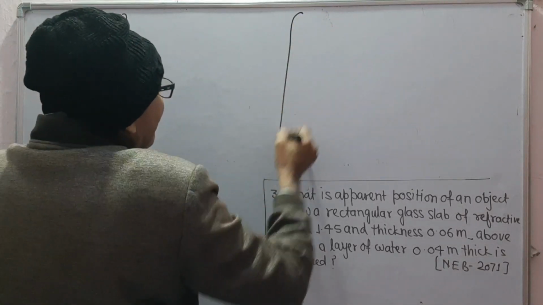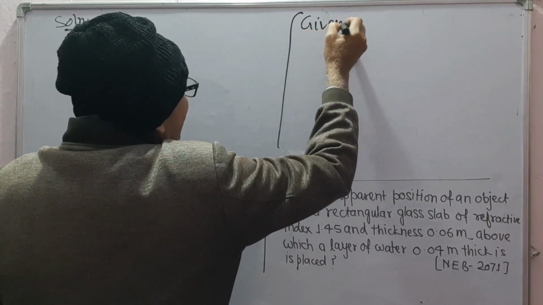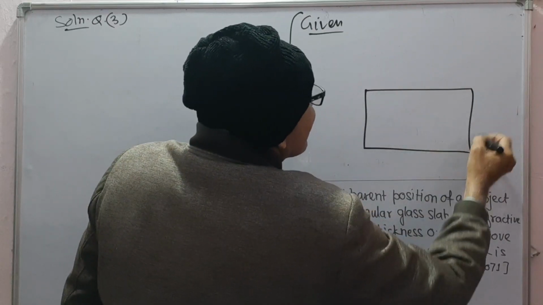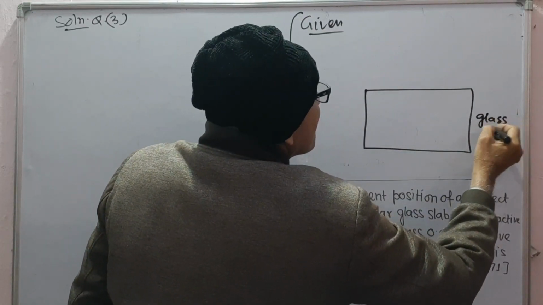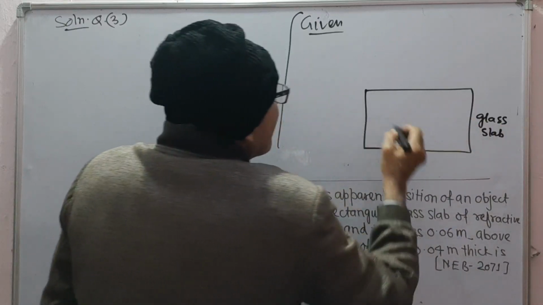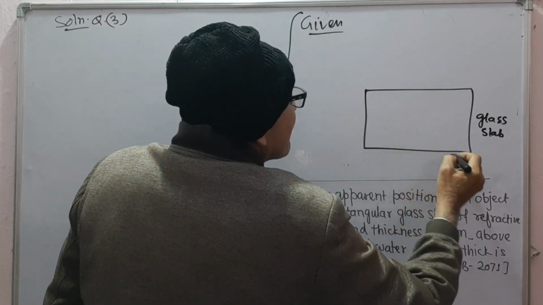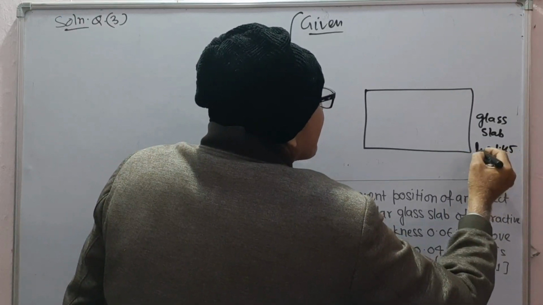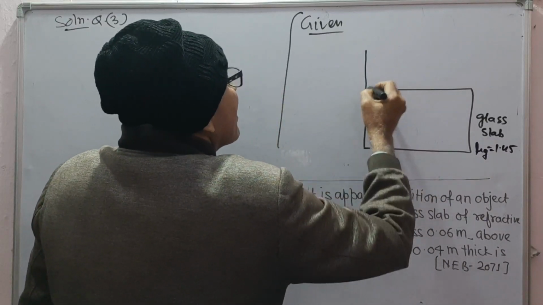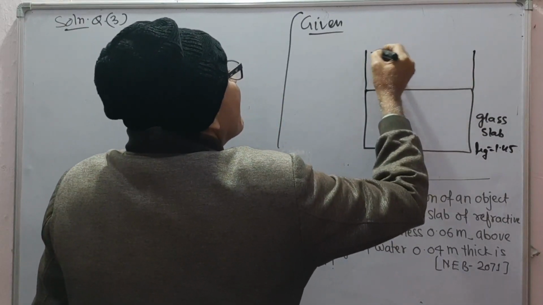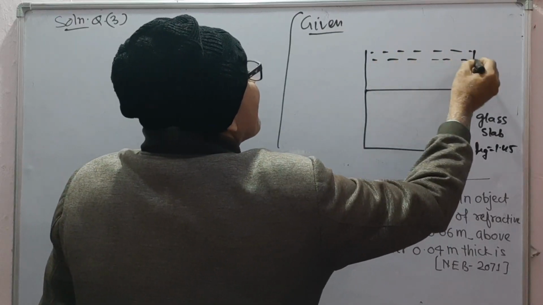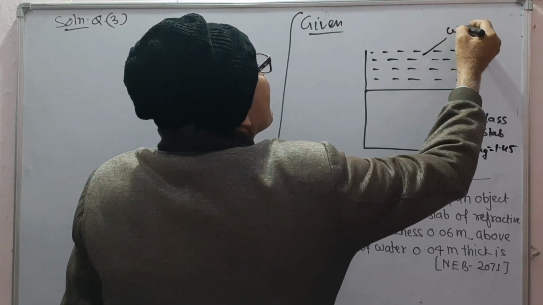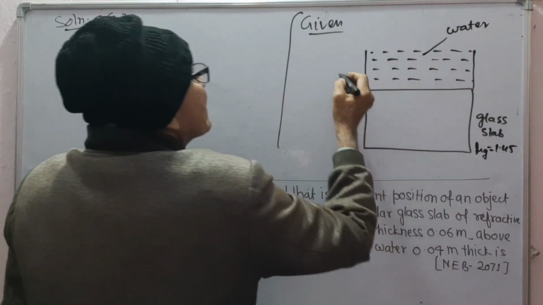Here, given this is a glass slab of refractive index mu glass equal to 1.45, and above this glass slab a layer of water which is 0.04 meter thick.